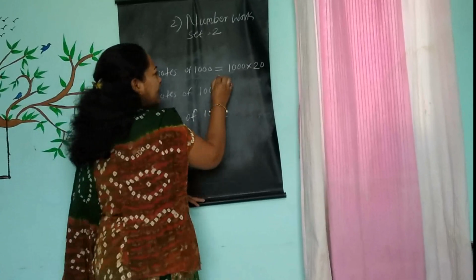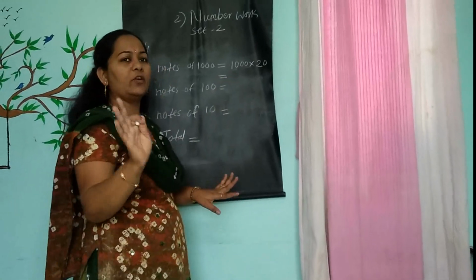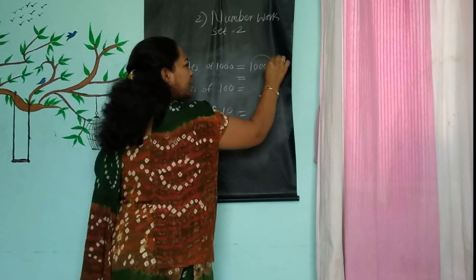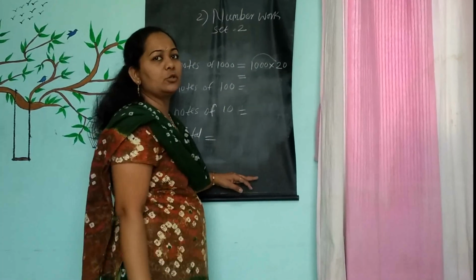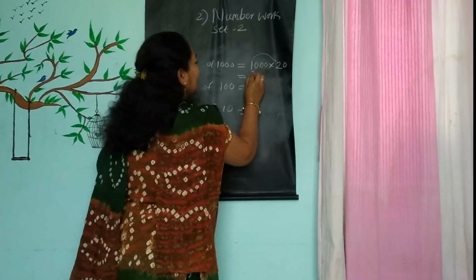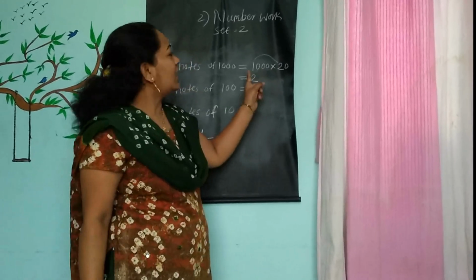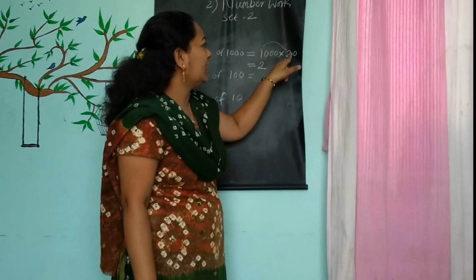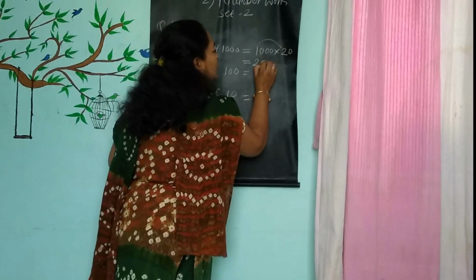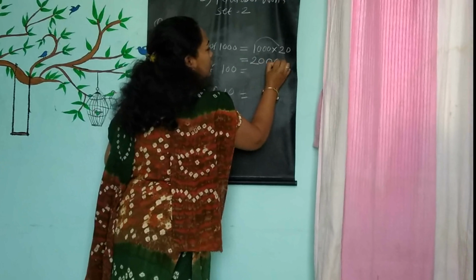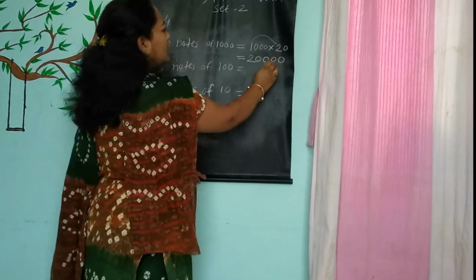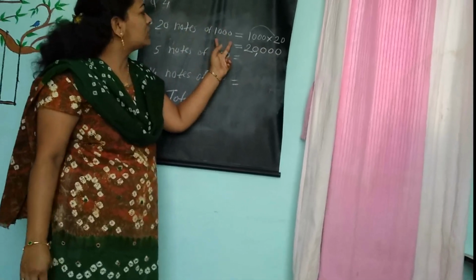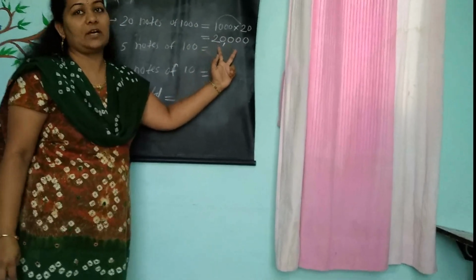Very easy multiplication, don't be afraid. Multiply the first digits: 2 ones are 2, and all the zeros as it is. Count all zeros: 1, 2, 3 and 4. So give that many zeros here. The answer will be 20 notes of 1000 means 20,000.